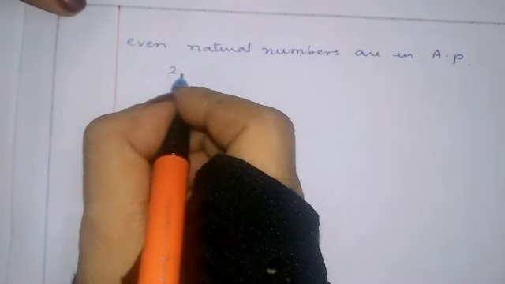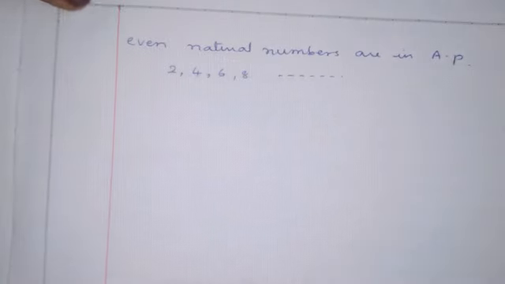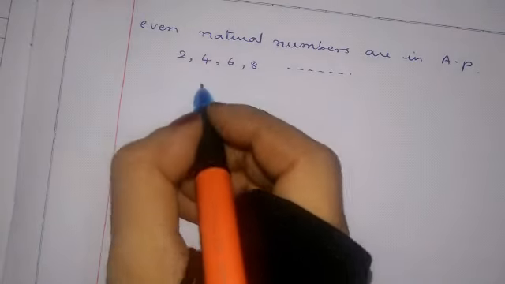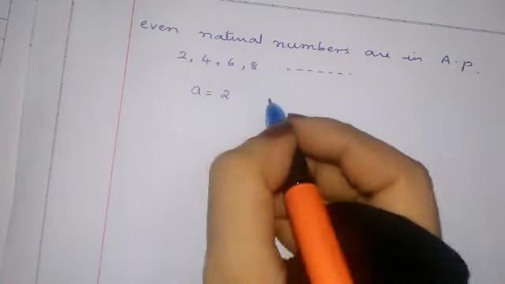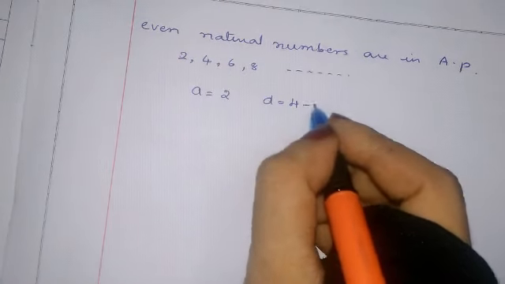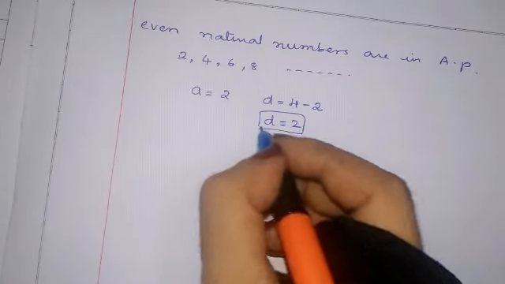So even natural numbers are 2, 4, 6, 8 and so on. They have told the sum of n even natural numbers. So a is equal to 2. d is equal to second term minus first term, 4 minus 2, which is 2.